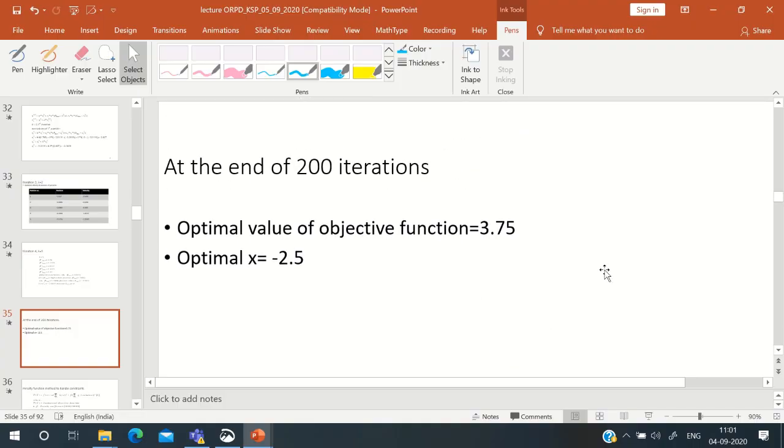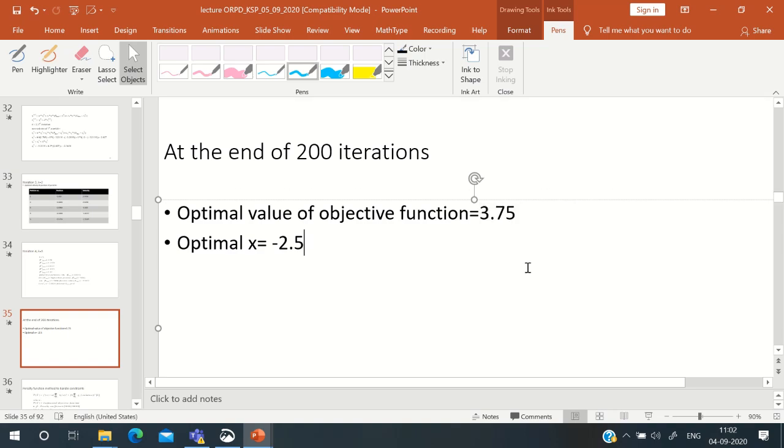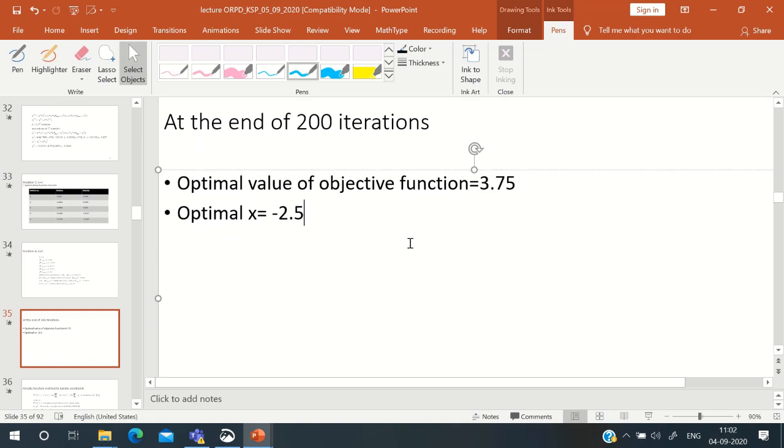It means the x value will be equal to minus 2.5, and the functional value corresponding to the G-best particle is obtained as 3.75. So these are the optimum answers obtained by the PSO algorithm.